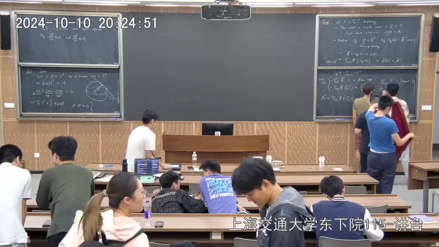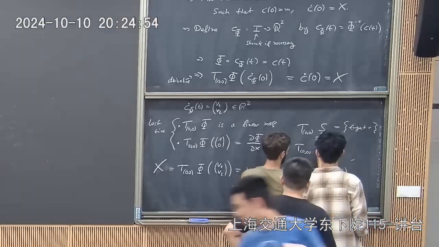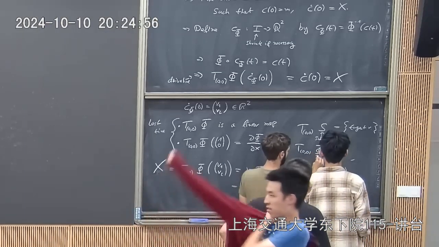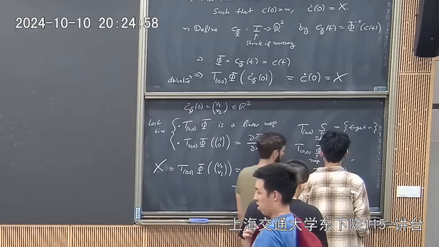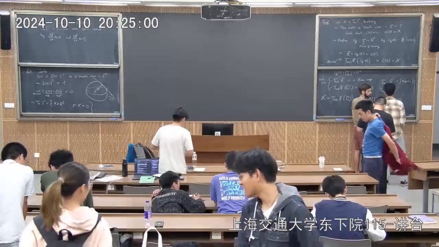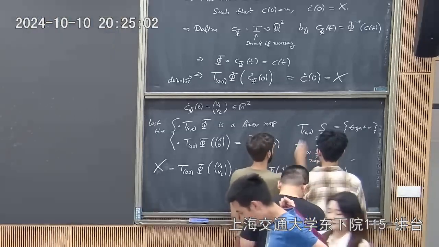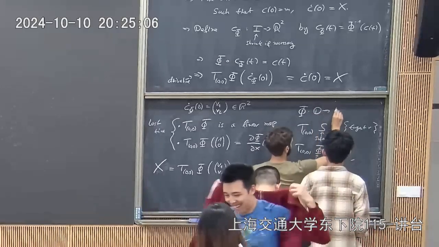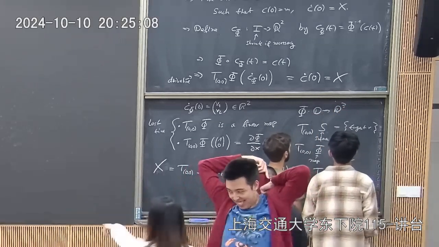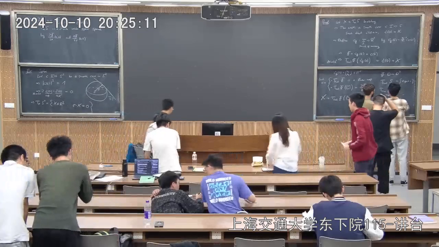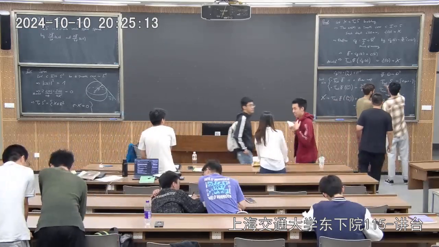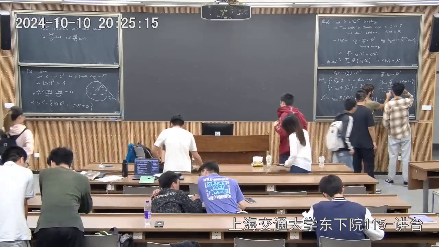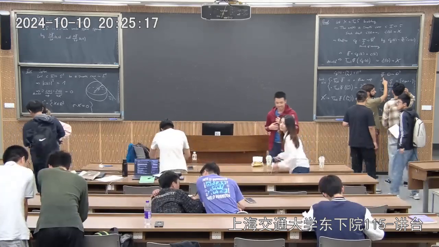If you have 0, phi, that is just a map. This one is just phi.